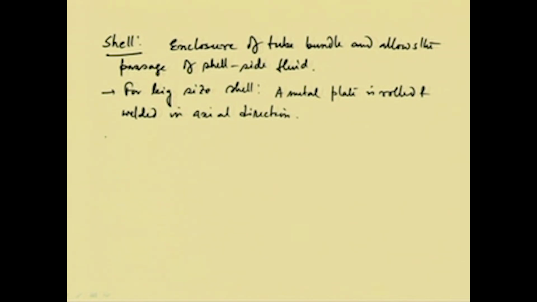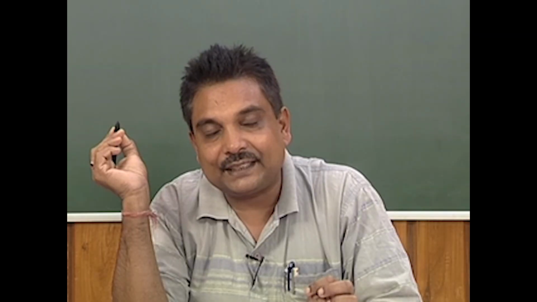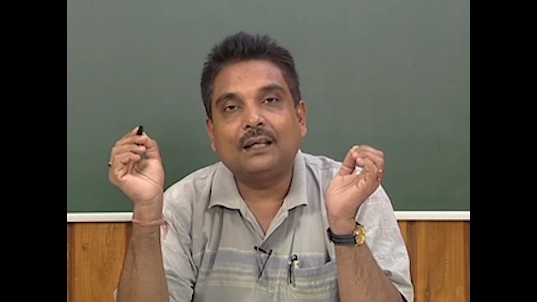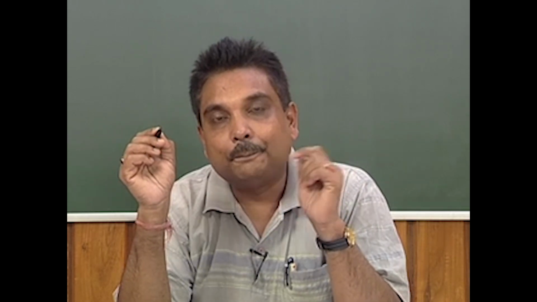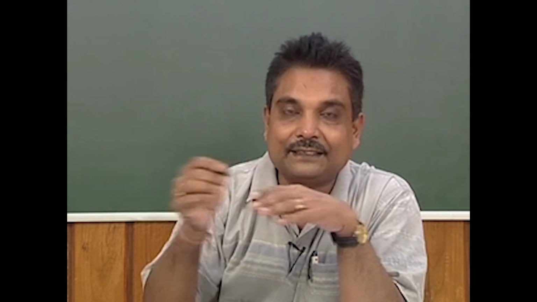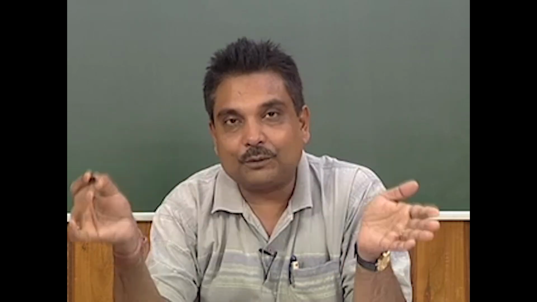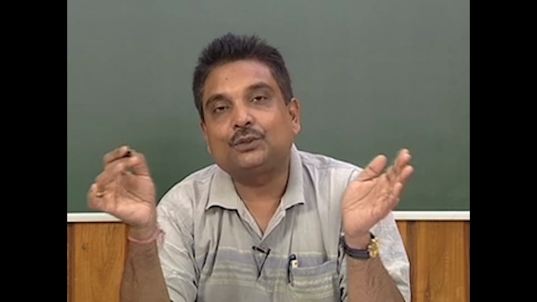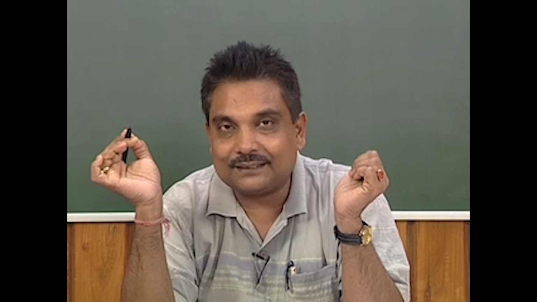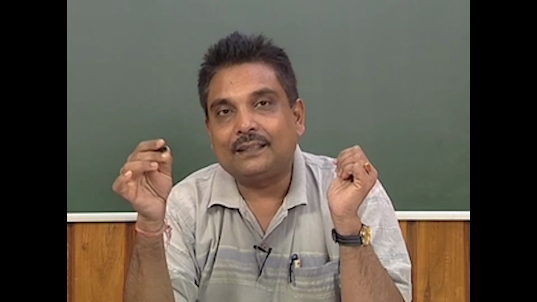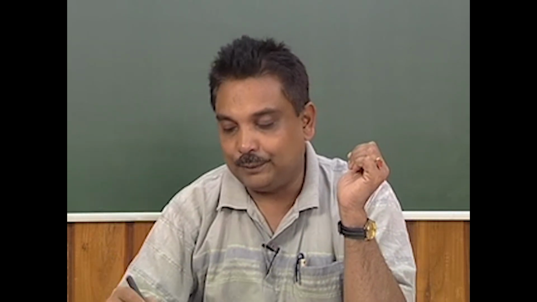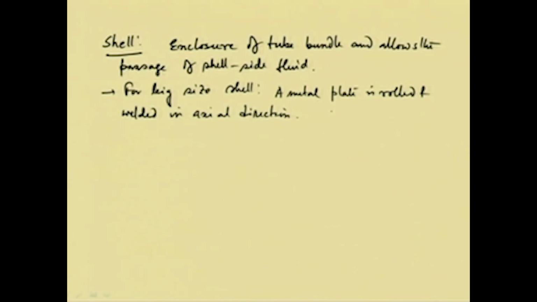The metal plate which is taken to make the shell should have suitable dimensions. The calculation is simple. The width of the metal plate should be equal to the length of the shell and tube heat exchanger, and the length of the metal plate will be equivalent to pi d, basically 2 pi r.